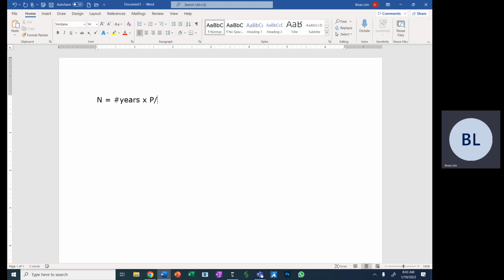It doesn't matter which one you use, correct? Let's use the PY. So the number of years would be equal to n divided by PY. Okay? So there we are. All right, so that is what we have to do, and we will do that now.